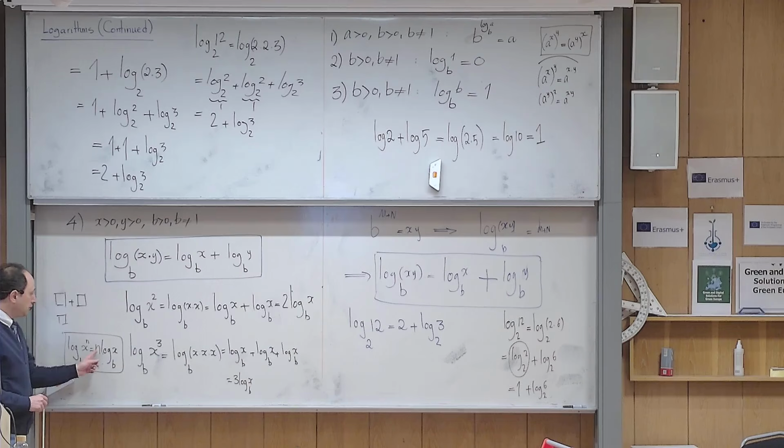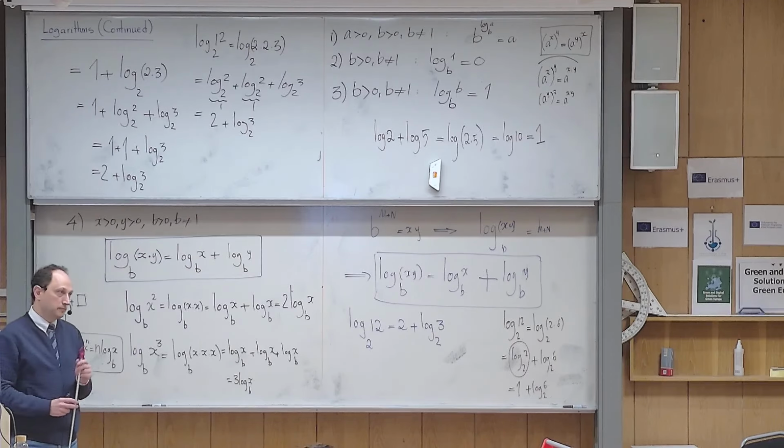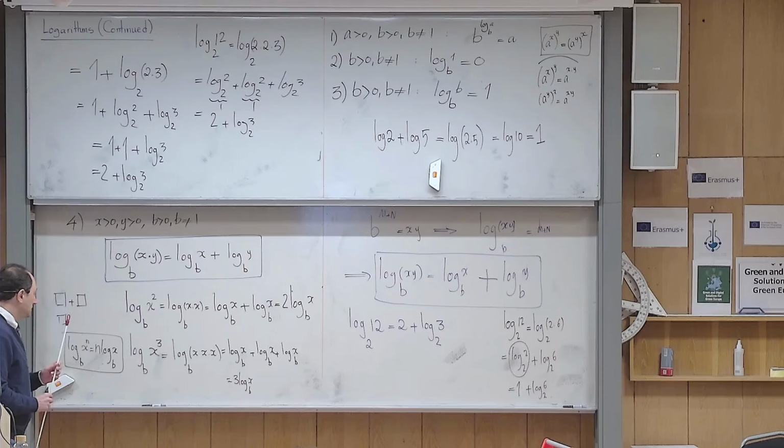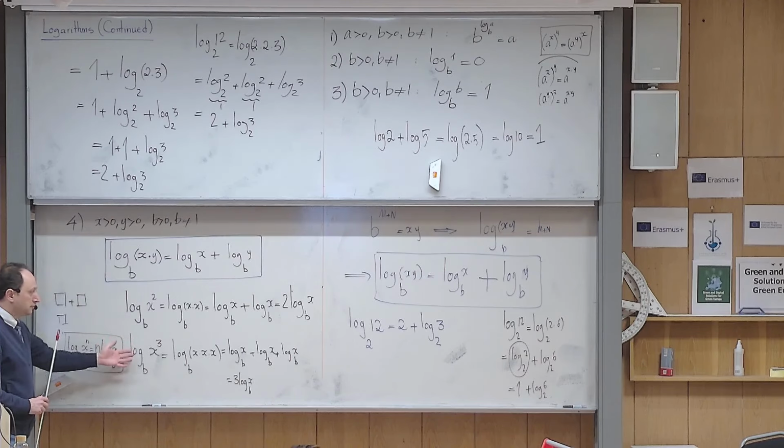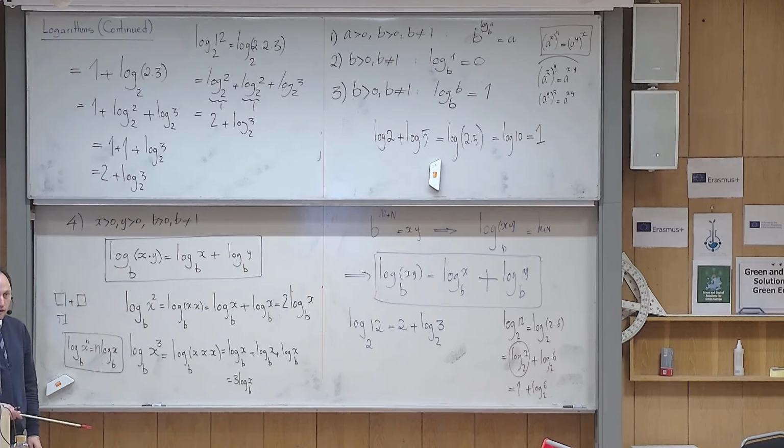And if you see a number behind the log, if you want to get rid of it, there is one way: move it up to x. Is that right? Okay. But what type of number? My idea of proof is based on not every number. What type of number does this kind of proof work for? When it's positive?